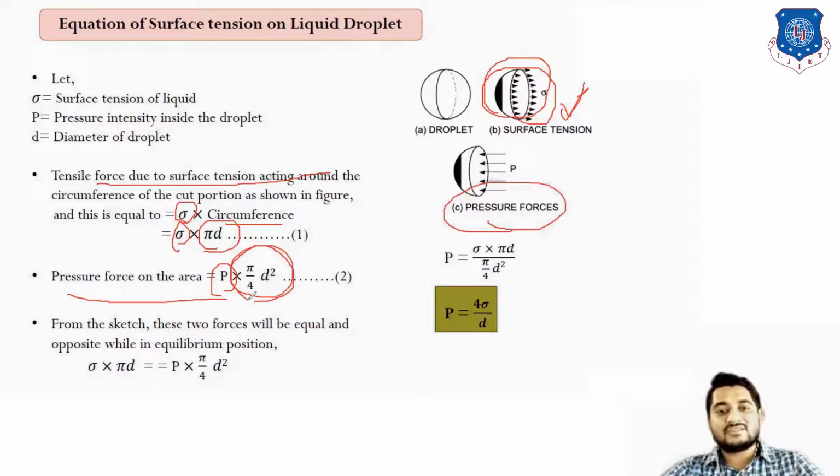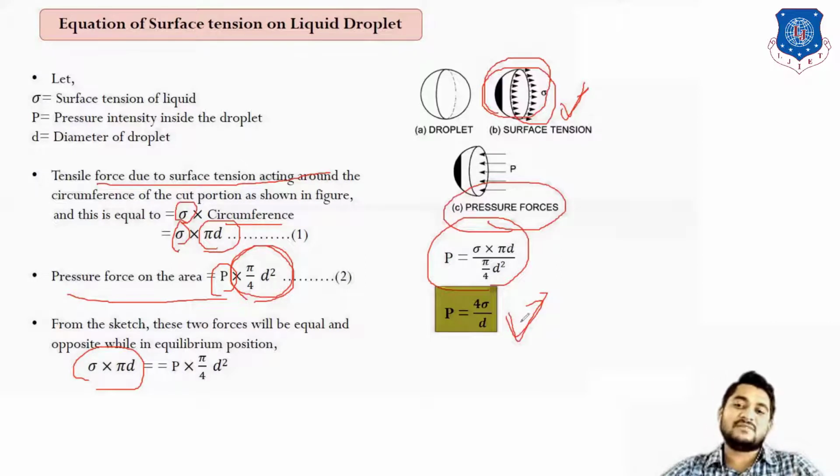At the end, surface tension and pressure force both are in equilibrium. So sigma into pi d is equal to P into pi by 4 d square, comparing equations 1 and 2. From this equation, P is equal to sigma into pi d divided by pi by 4 d square. So at last, P is equal to 4 sigma by d. Remember this, P is equal to 4 sigma by d.